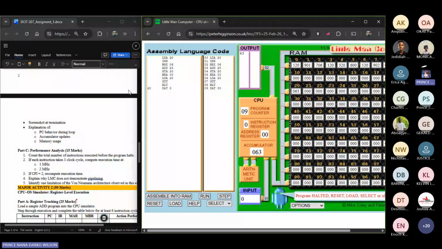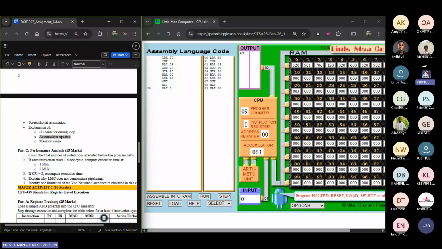All right, let's proceed. Now it says the accumulator update. So you mention that the accumulator value updated with every single loop. When a new input was added, the accumulator incremented. When an add instruction was executed, the accumulator incremented.